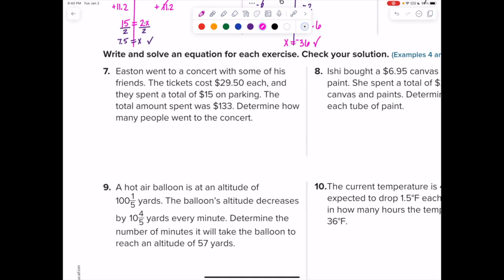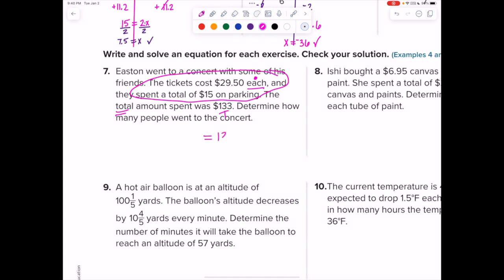Easton went to a concert with some of his friends. The tickets cost this much each. That's my multiplication hint. And they spent a total of $15 on parking as a group. So those are sort of like my costs for the one side of the equation. The total they spent is this, and I know total goes on the right side of the equals. So I think I'm ready to go with this equation.